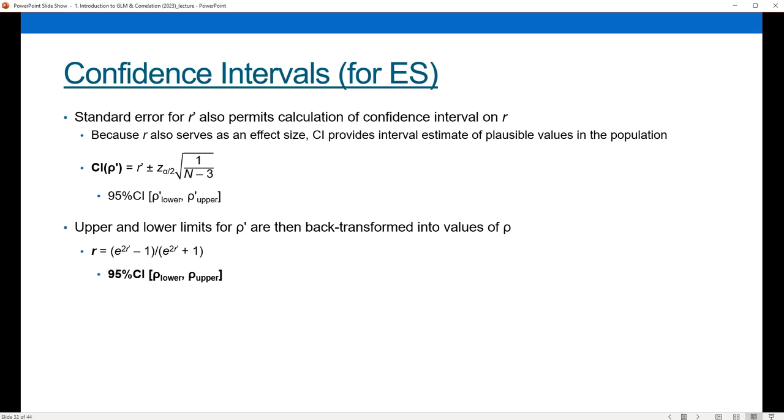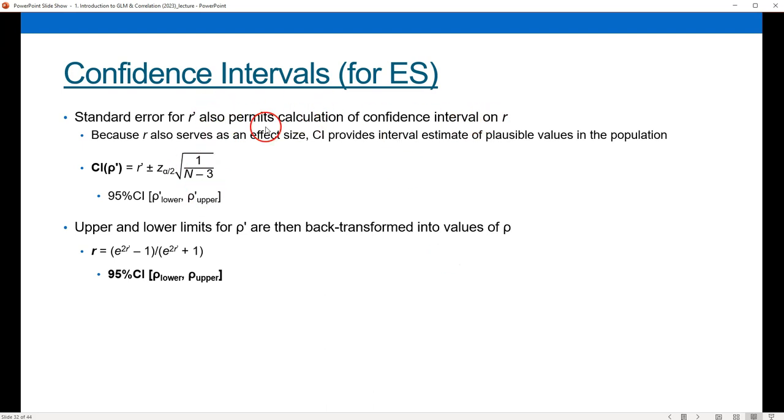But this is easy enough because I can back transform my Fisher's r to z back into a Pearson correlation by taking base e, remember, this is 2.718, this is just a constant, to the 2 times r prime power, have that value minus 1, divide that by base e to the 2 times r prime plus 1. We're just going back through, dividing those two things, and basically what this is doing is it's taking me from my r prime value back to my original Pearson correlation, okay?